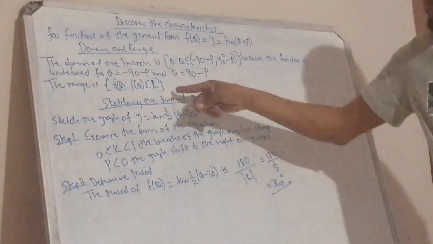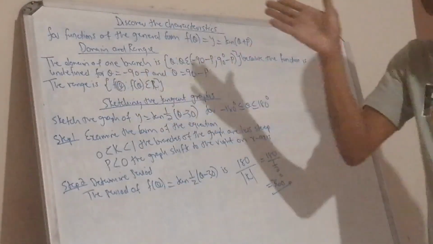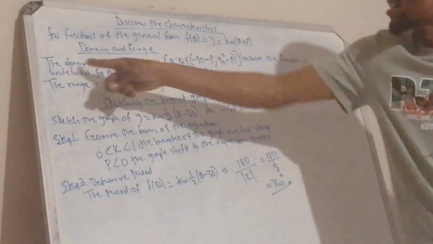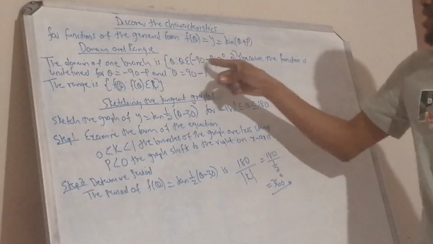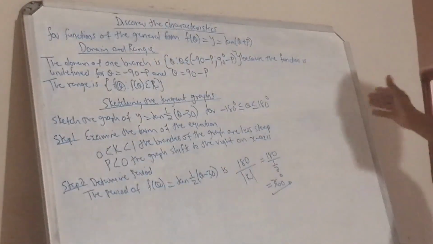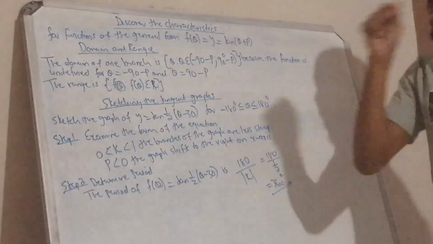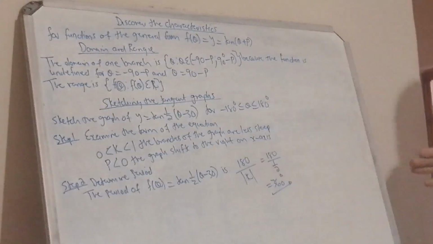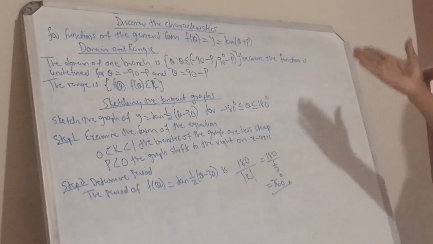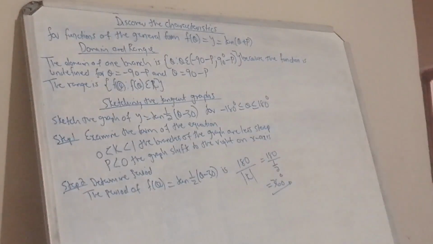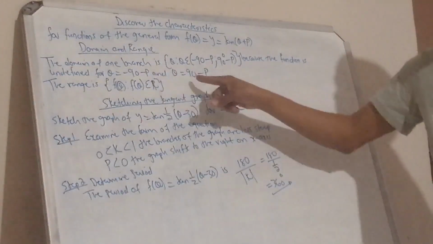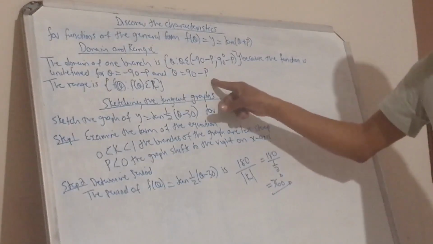This is how you determine the range for those two branches. The domain of one branch is this, the first one and the second one, because the function is undefined for theta between minus 90 minus p and 90 minus p.